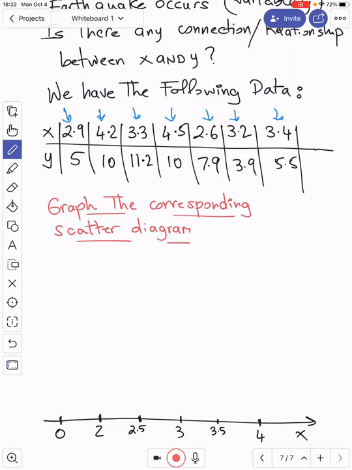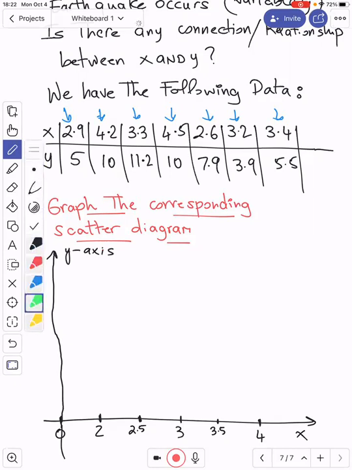Now for my y-axis, the y-axis is gonna be a vertical axis. It's gonna pass through the 0, of course, right here. And here's my y-axis. Now, what are the possible values of y? From the data, the smallest value of y would be 3.9, and then we have 5, 5.5, 7.9, and the largest value of y would be 11.2.